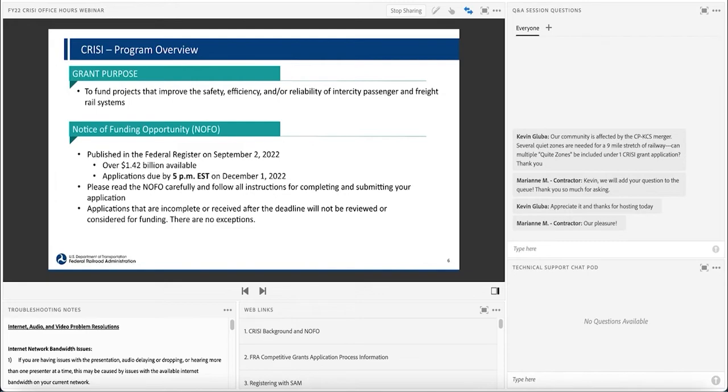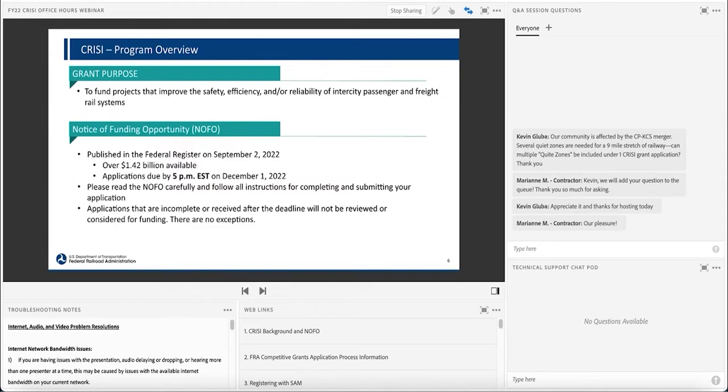The FRA published a Notice of Funding Opportunity, also known as a NOFO, in the Federal Register on September 2nd, 2022. This makes over $1.4 billion available to fund these sorts of projects.